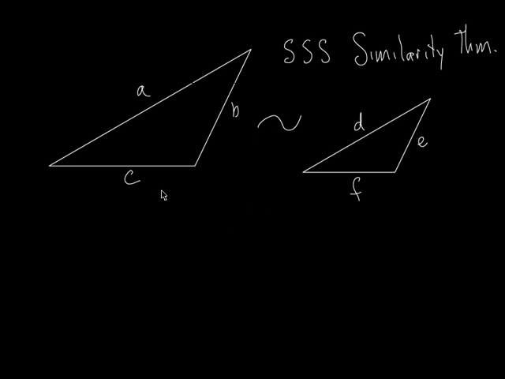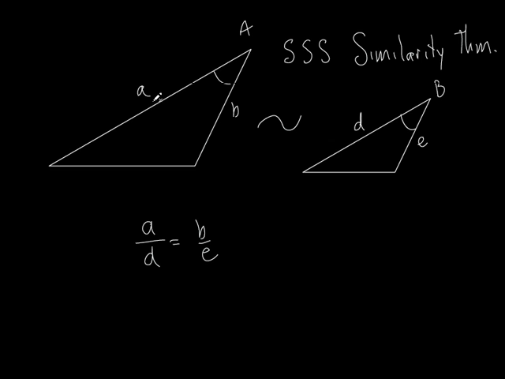All right, let's throw this one out and this one out. And watch this. What if I knew A to D and I knew B to E? I didn't know the third one. But I also knew that this angle right here, we'll call this capital A and capital B, what if I knew that capital A was equal to capital B?